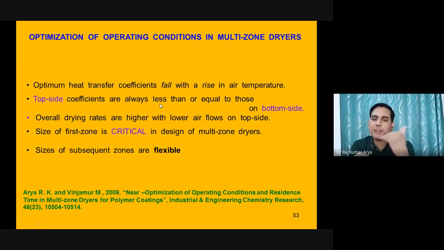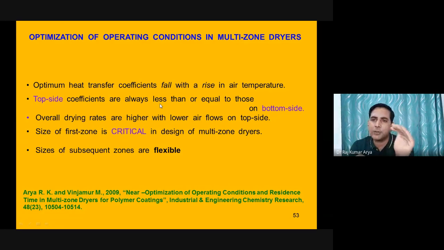That is the constraint for the coating temperature. It will minimize your heat transfer coefficient rates. The top side coefficient is always lower as compared to the bottom side, just to provide back heating and to take out more of the solvent, to keep the solvent in a diffusion mode in the entire film. Therefore, back heating was always permitted, by maintaining the backside heat transfer coefficient always higher than the top side one.